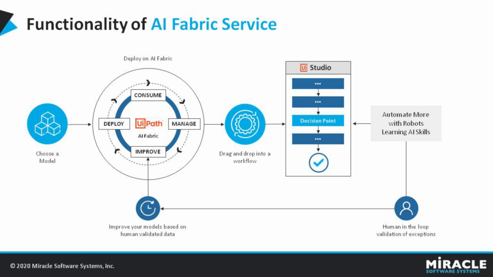It creates an AI endpoint which can be consumed in the workflows in UiPath Studio. In UiPath Studio, there is an activity called ML Skills. You can drag and drop it into your workflow and then connect the ML skill that is already deployed in Orchestrator. We can also configure the skill to continuously learn and improve over time.